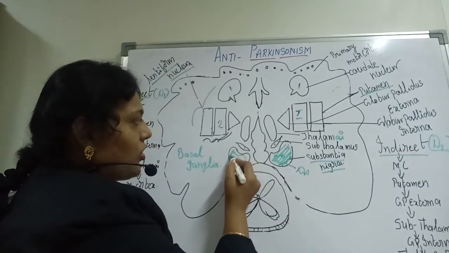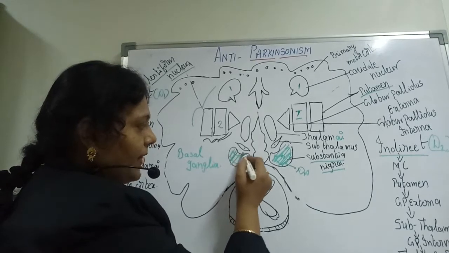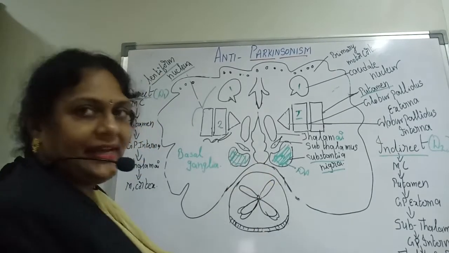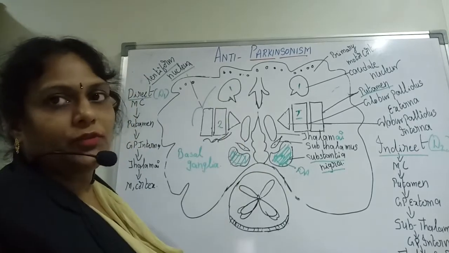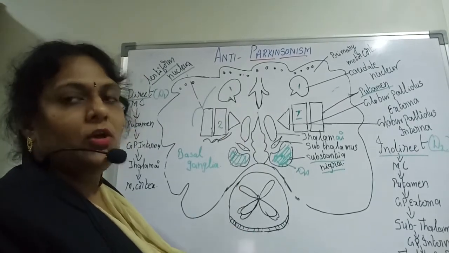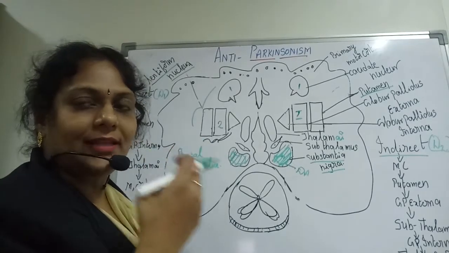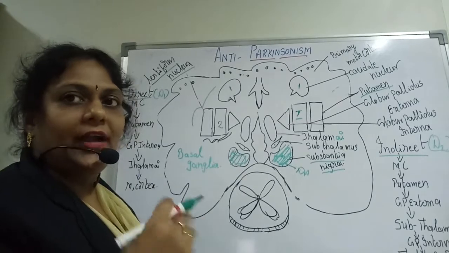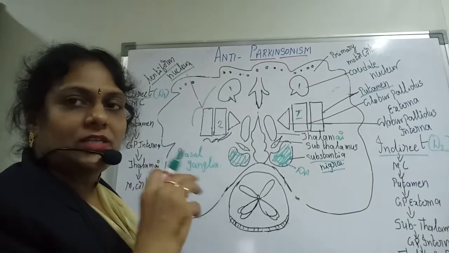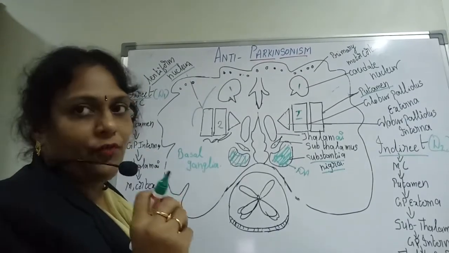Because the synthesis has not taken place, and the whole area becomes darker than the other parts or nuclei of the brain. By this you can diagnose that the patient is suffering from dopamine deficiency, and that it is related to the disease of Parkinsonism.